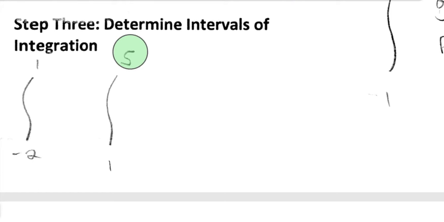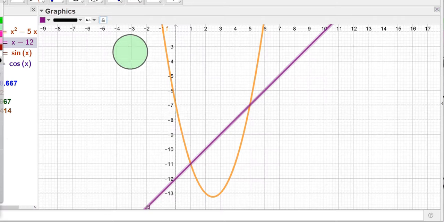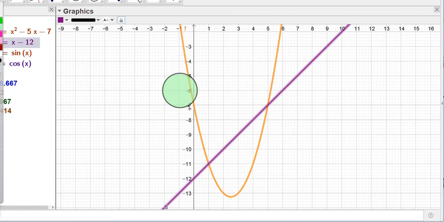So since I'm saying all that, let's go ahead and take a look at what this looks like. Okay, so here's our graph. Here's f of x, x squared minus 5x minus 7, and then here's g of x, which is x minus 12. You can see that starting at -2, f of x is the function that's above g of x. So we're going to find this area between the two.